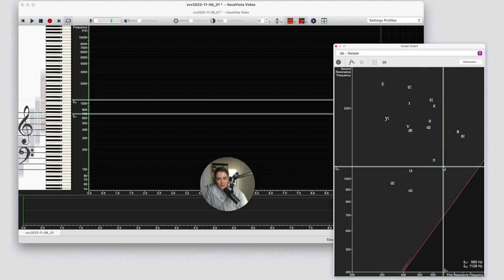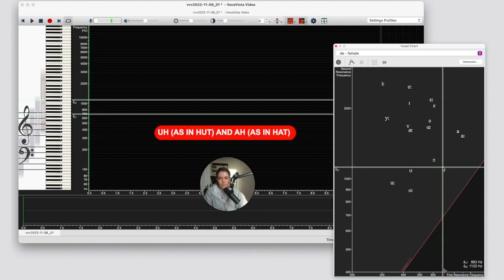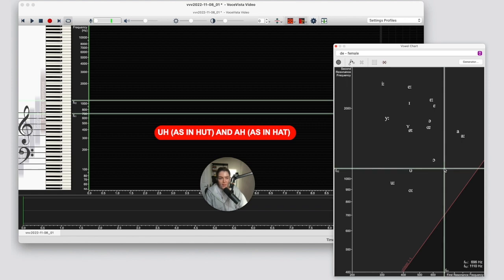Can you hear that? That is some mix of an "a" and an "a". Can you hear it? That's why those two vowels are your best vowel friends ever for bridging your voice.